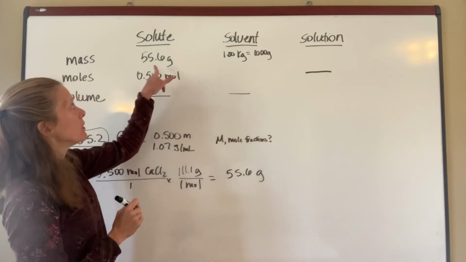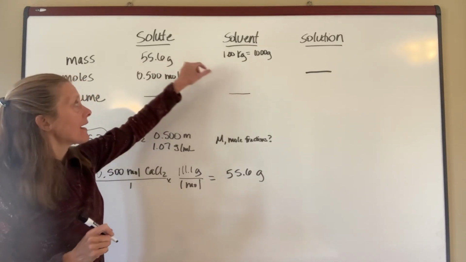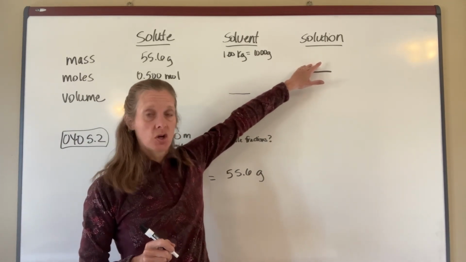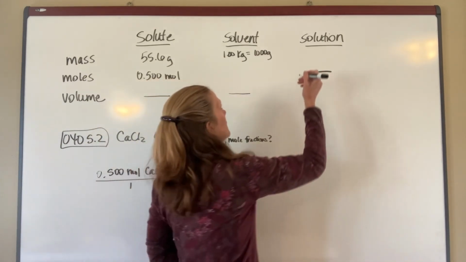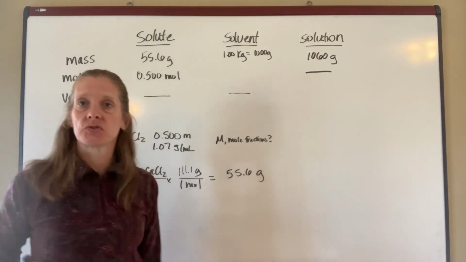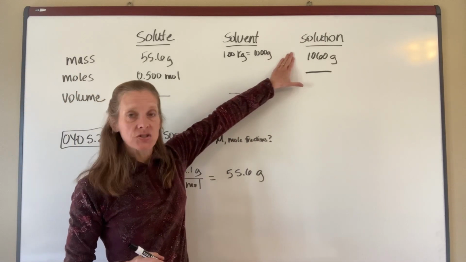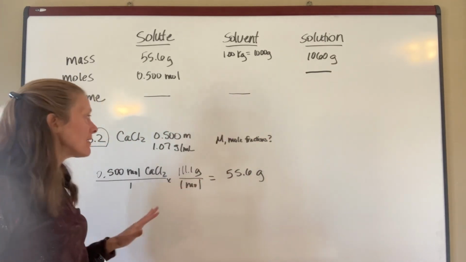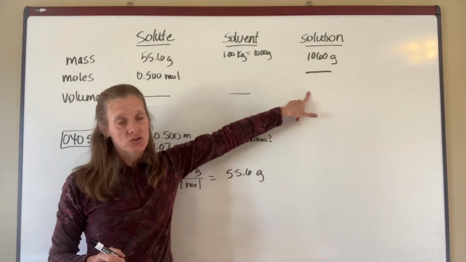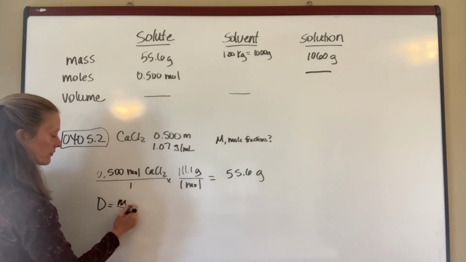Now, since I know the mass of the solute and the mass of the solvent, I can add them together to find the mass of the solution. So when I add them together, that's going to give me 1,060 grams of solution. Okay, now that I know the mass of the solution, and I have the density of the solution, now I can find the volume of the solution. Because remember, density is mass over volume.